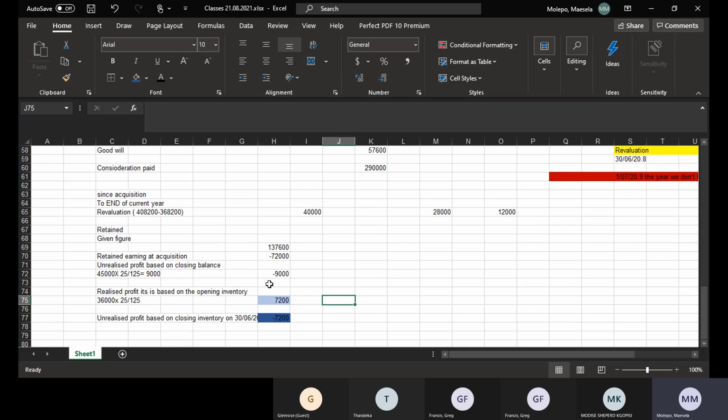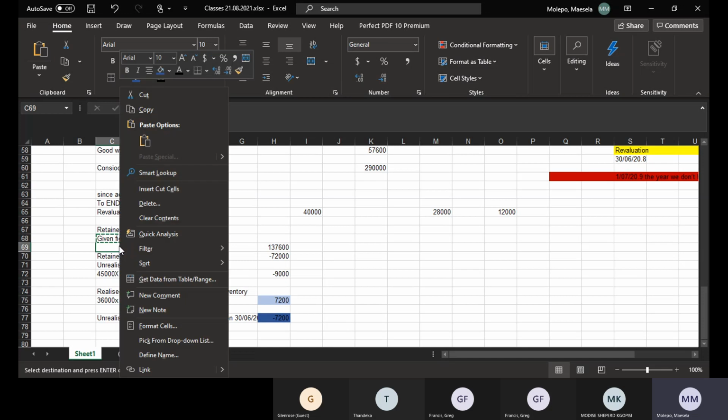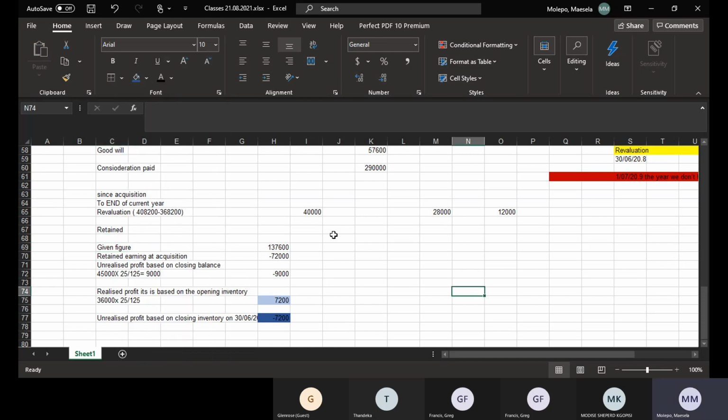So now we go to our end balance. We want to determine the balance of our retained earnings as at the end of the financial year. So our balances are going to be based on this.